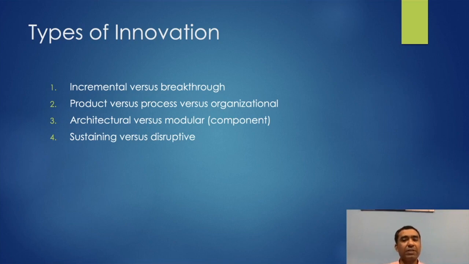So these are the three features of the high-tech marketing environment. And finally, I discussed the different types of innovation, and asked you to work on these four concepts, of which I have already explained the first in detail. The rest of the three you have to explain by yourself, and find one product to explain in detail how it is linked with that type of innovation.